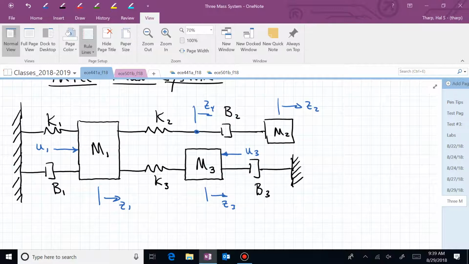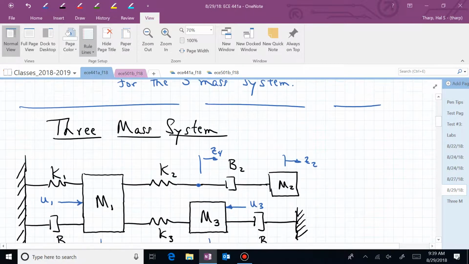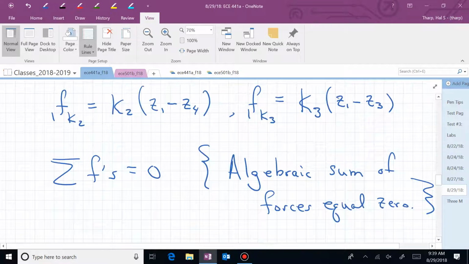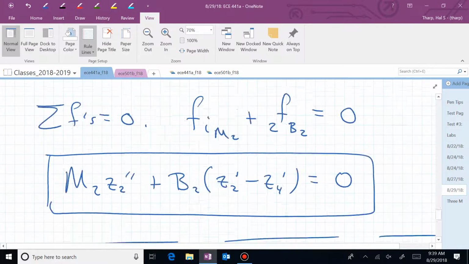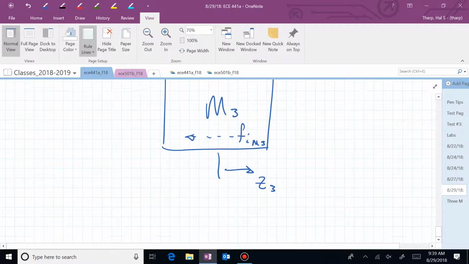Which direction is positive force going to be associated with spring K sub 3? To the left if I'm moving positive z sub 3, and b sub 3 is going to give me a dash pot force to the left. So I now have, I was trying to avoid having to scroll, and it reset.